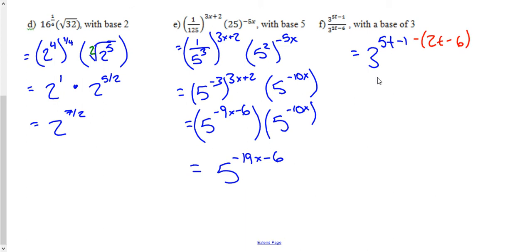I need to distribute out that bracket, and I end up with minus 2t plus 6, and collecting like terms, I end off my equation with base 3. This is now going to be 3t plus 5, and there we go. That's the last question here.